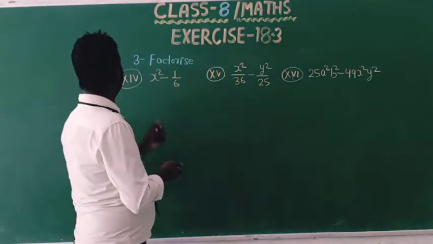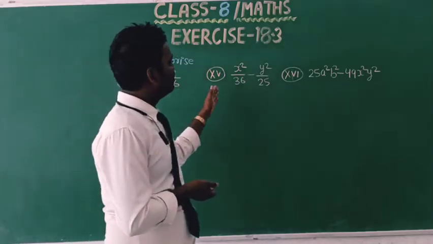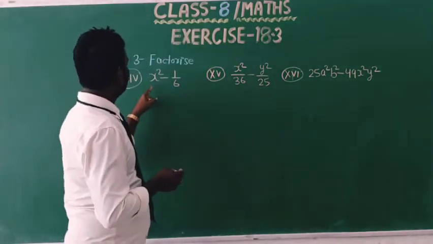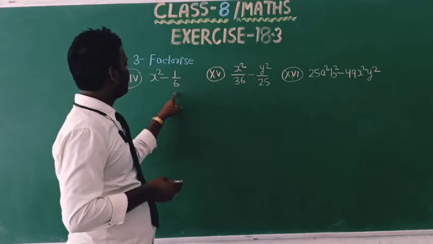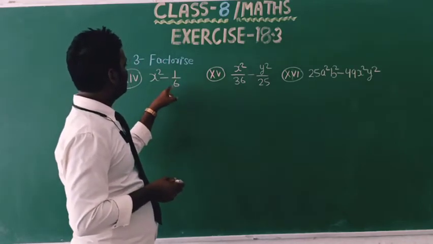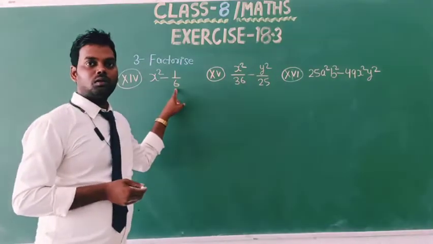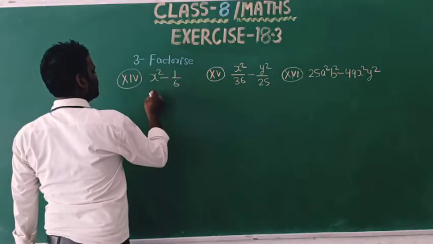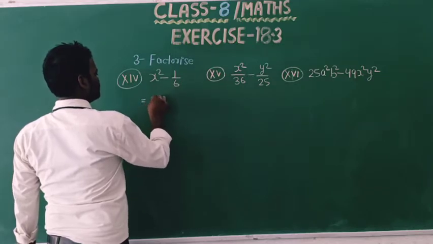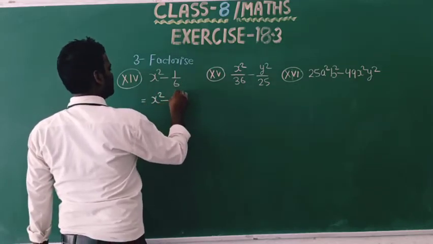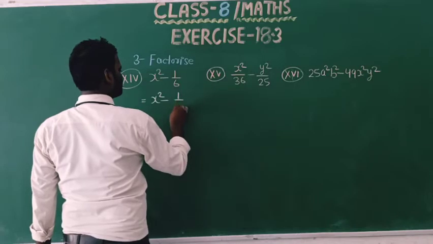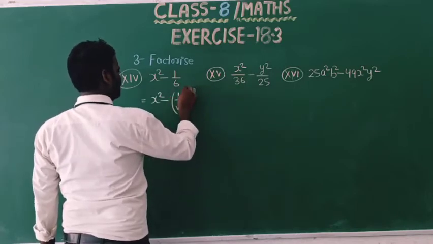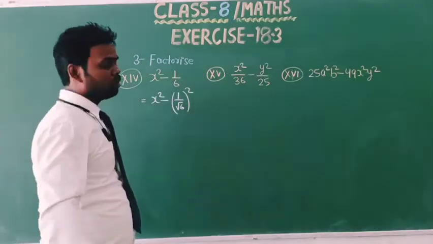So these are the 14, 15 and 16 parts of question number 3. x square minus 1 upon 6. Okay dear children, this is written in this form: x square minus 1 upon root 6 whole square.